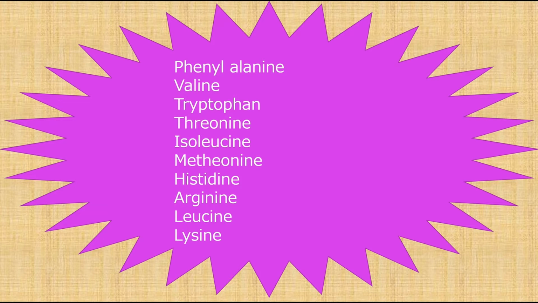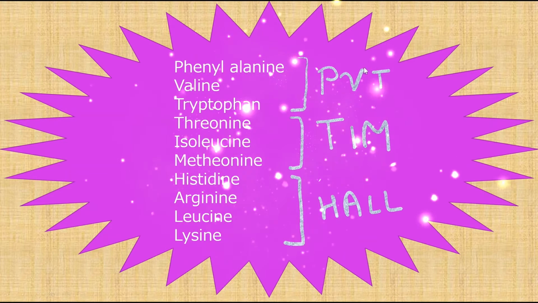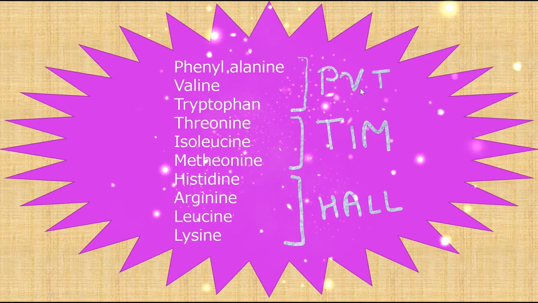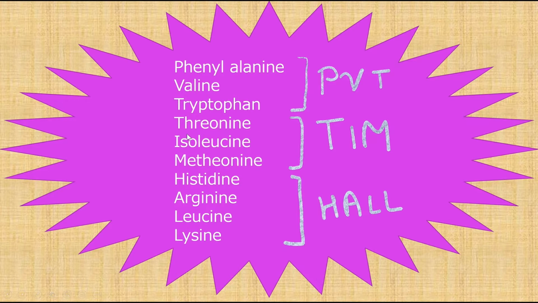This is a mnemonic that you can write in your notebook. The mnemonic is "Private Tim Hall", which means P for phenylalanine, V for valine, T for tryptophan, private, threonine, T, isoleucine I, methionine M, Tim, and Hall, that is histidine, arginine, leucine, lysine. Okay.